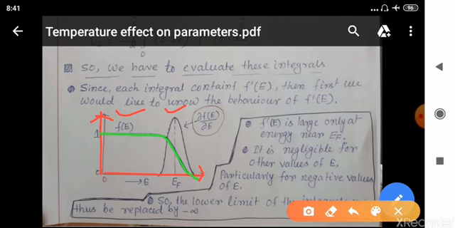But if you want to plot f prime E, actually it will show you a negative peak.